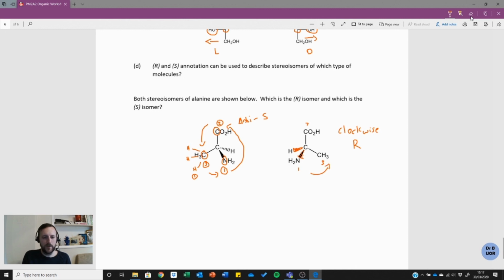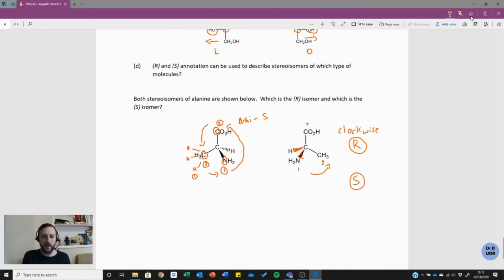But if the proton is in front of the page pointing in, we need to reverse, or we just swap over the type of isomer that it is. So if they were the other way around, it would not be an R, as it initially worked out. You need to reverse it, and it would become the S isomer.